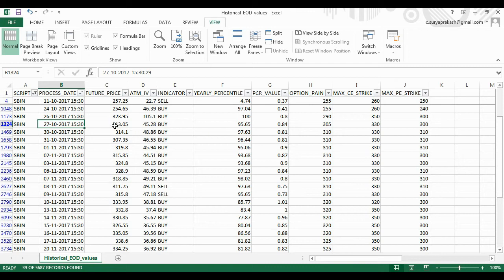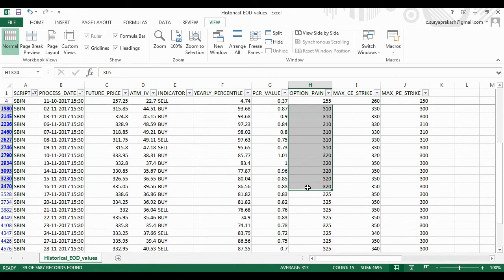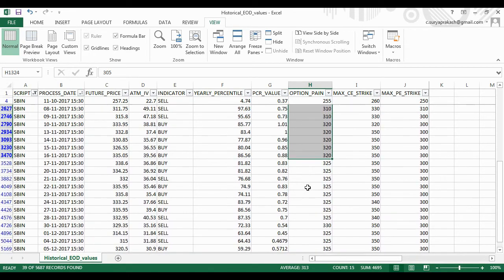The price started at 313, and you can see that the option pain is clearly deviating. It's not as constant as we saw in the case of Nifty.